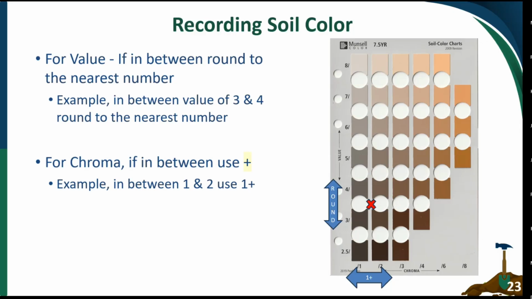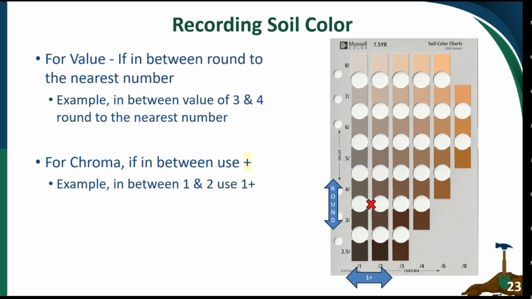The color requirements for F13 are a value of 3 or less and a chroma of 1 or less. Let's say your sample is closer to a value of 3 than it is to 4. Even though it's over 3, it's still closer to 3.